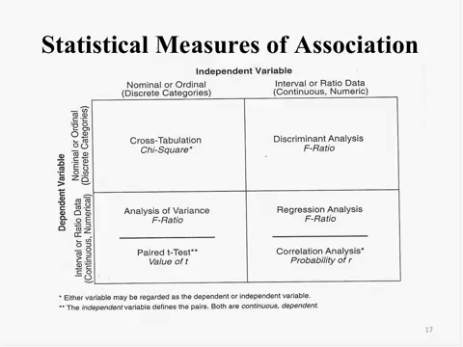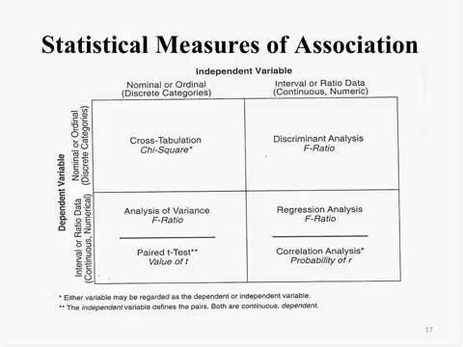Here we talk about statistical measures of association. Now, if you take a quick glance at the margins, you'll see why we talked about the different types of data, nominal, ordinal, interval, and ratio, because whether we're talking about independent variables across the top or dependent variables down the left-hand side, we talk about all 4 of the different types of data.